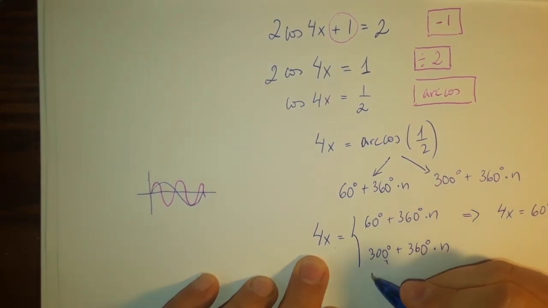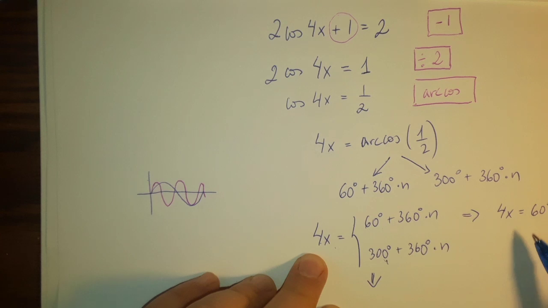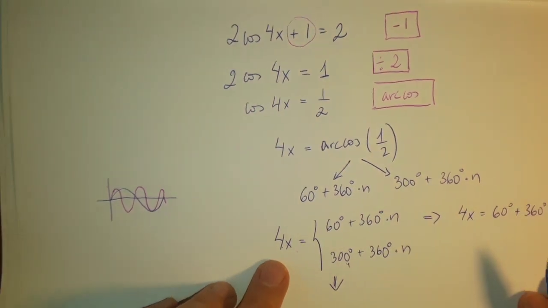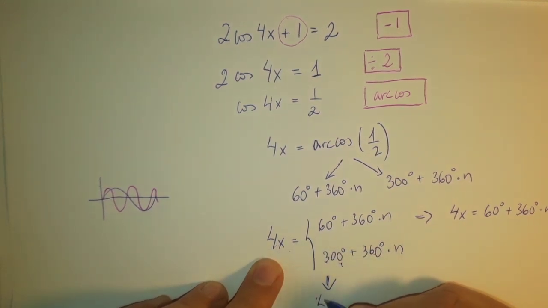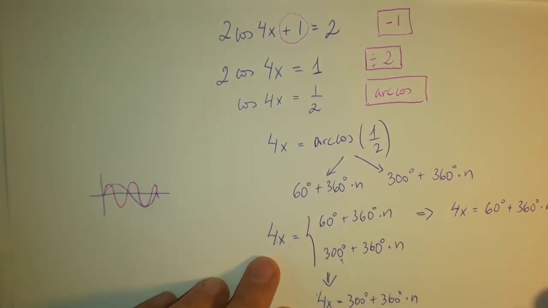And then I'm gonna write the other one here. I just want to make sure you guys see properly, okay? And for this one, 4x equals 300 plus 360 times n, okay?